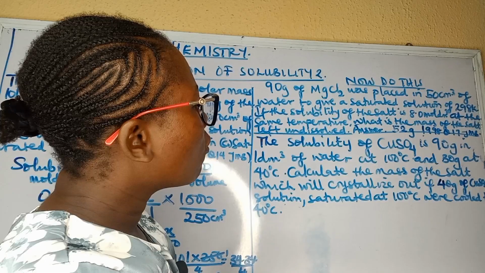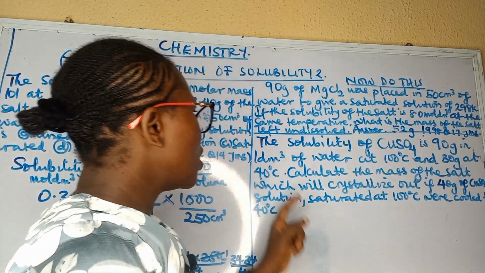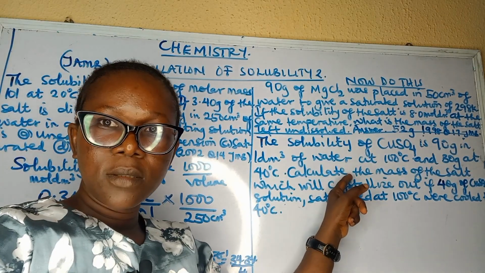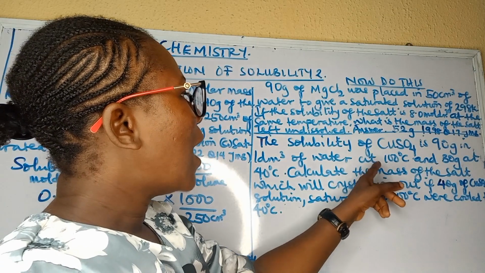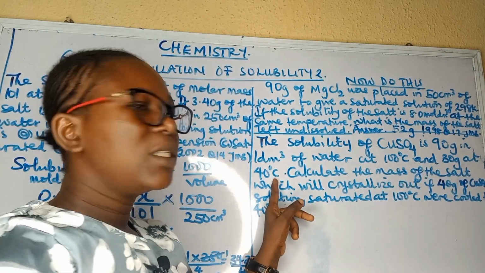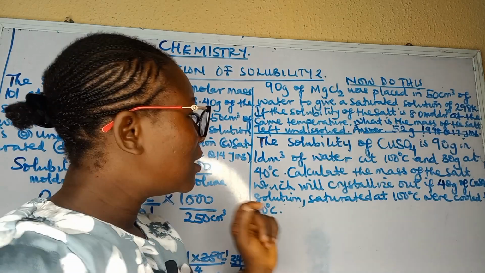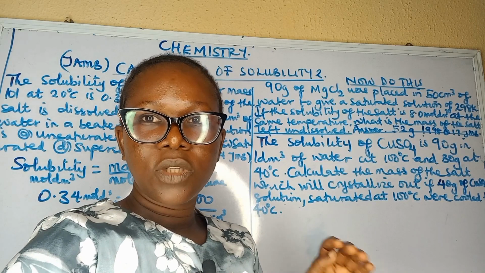The solubility of copper 2 tetrahydrosulfate 6 is 90 grams in 1 dm cube of water. 1 dm cube means 1,000 centimeter cube at 100 degrees Celsius, and 30 grams at 40 degrees Celsius, meaning that at different temperature, you have different mass dissolving.